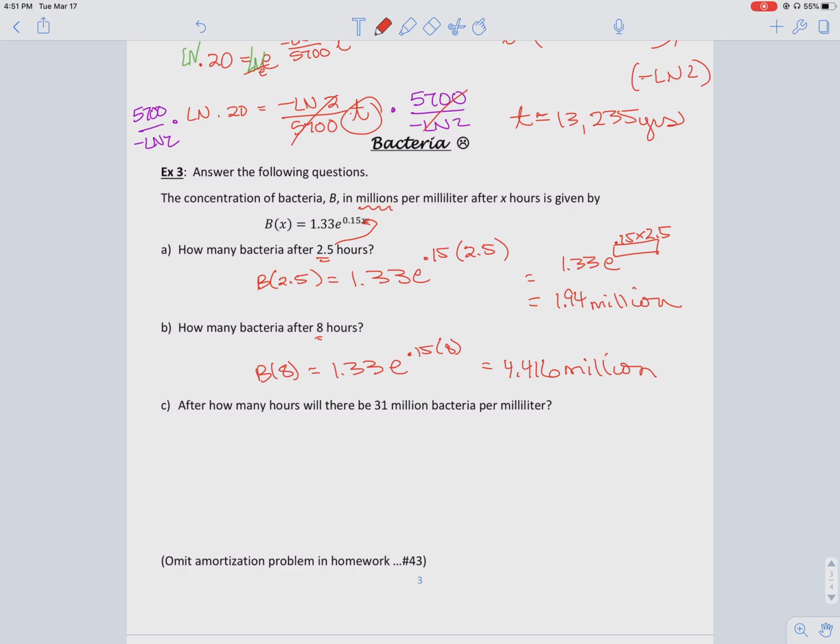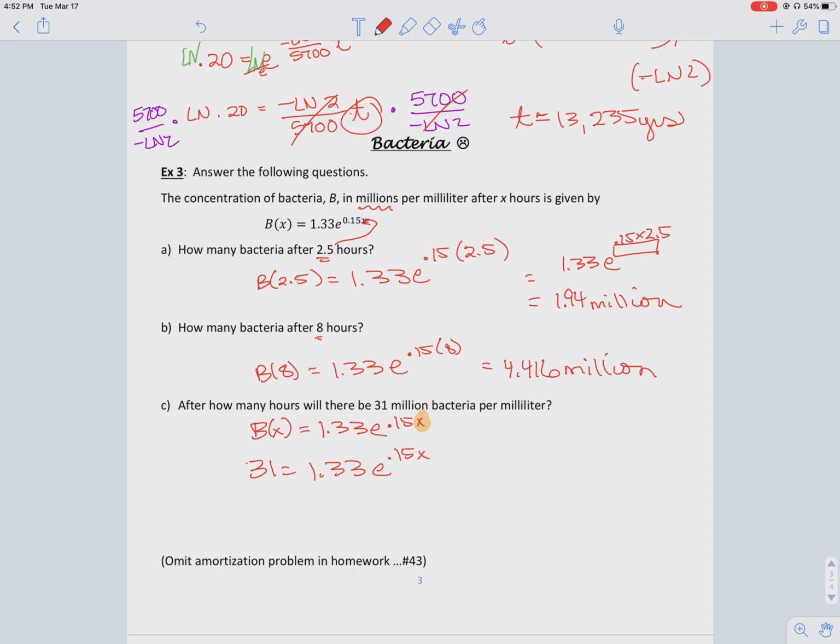Now, part C is a little bit different because instead of giving you the hours, it wants to know how many hours until there will be 31 million bacteria. So now we know that, let's put our formula here. So what we're looking for is the x, and what we know is that this is going to be 31 million.